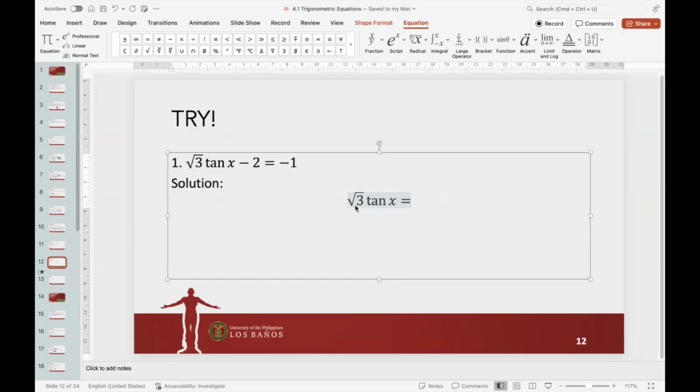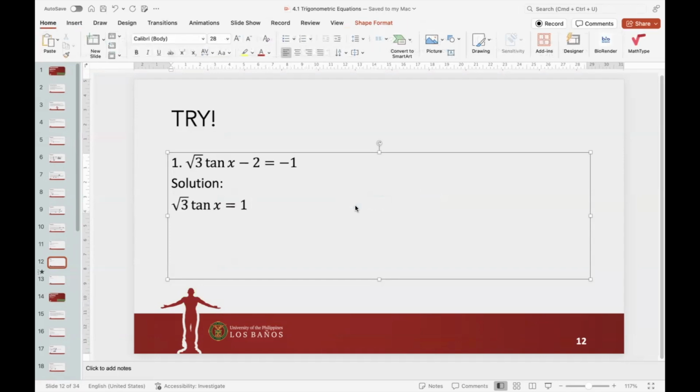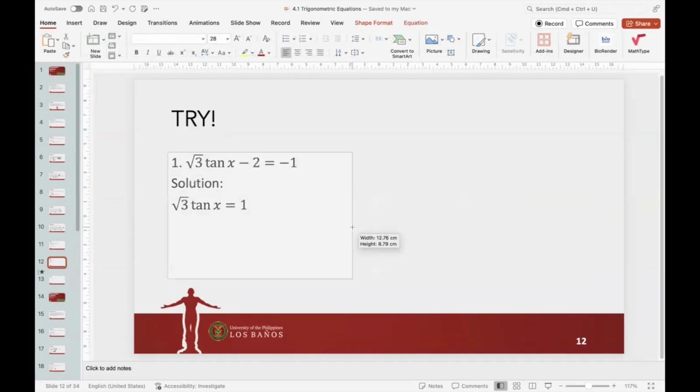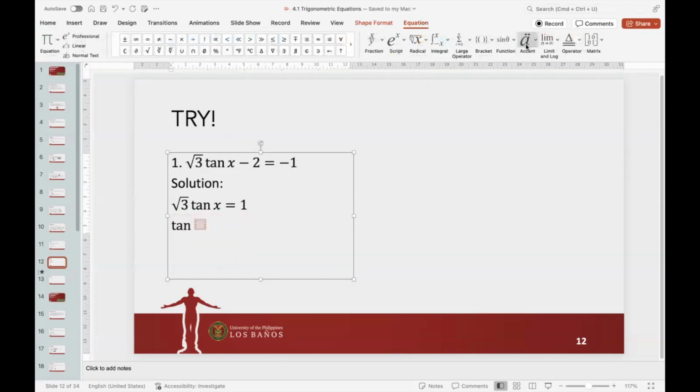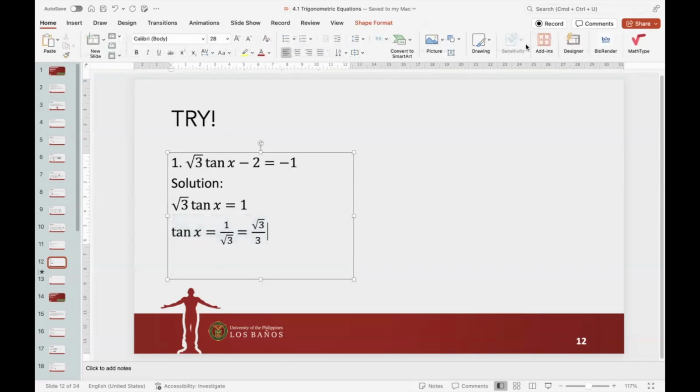So if we add 2, we will have square root of 3 tangent x equals 1. And then right after, we divide both sides by square root of 3. So we will be getting tangent x equals 1 all over square root of 3, or that is simply square root of 3 over 3 after we rationalize.